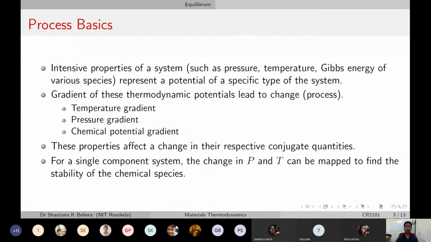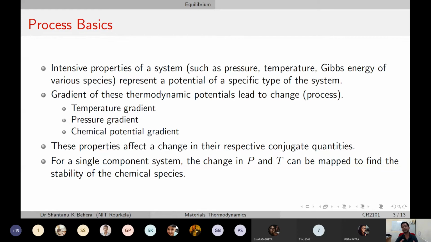So, you know, again, to go back to our earliest discussions as to how or why a process happens. Process happens because it's not in equilibrium, right? If it is in equilibrium, there's no process as such. Now, something which is not in equilibrium has some imbalance somewhere, right? And I've said to you many times that that imbalance is actually related to an intensive property of a system, invariably.